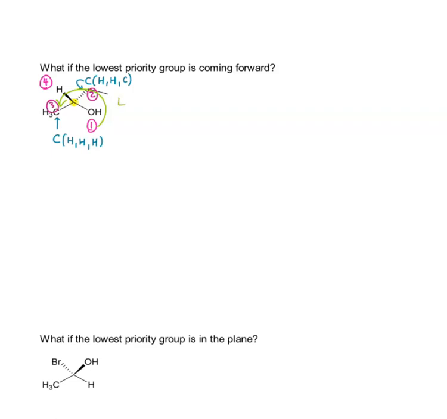So although this looks like S, the configuration is actually R. And that's simply because the low priority group is coming forward, and so we should be viewing the molecule from the opposite side.